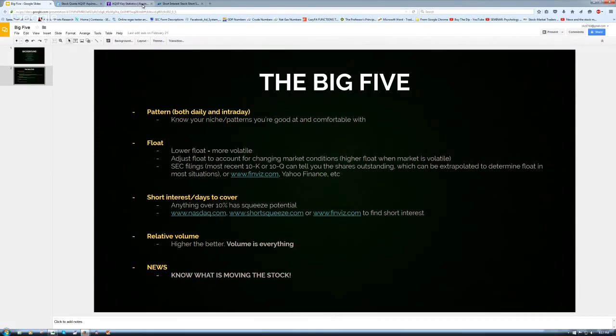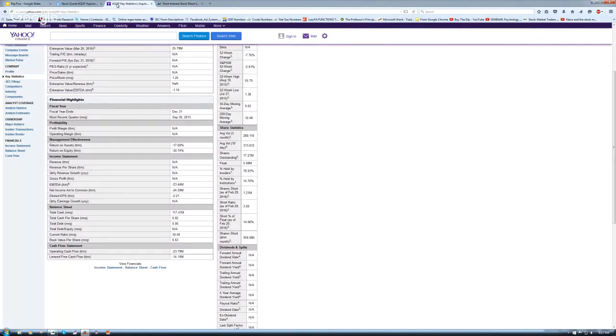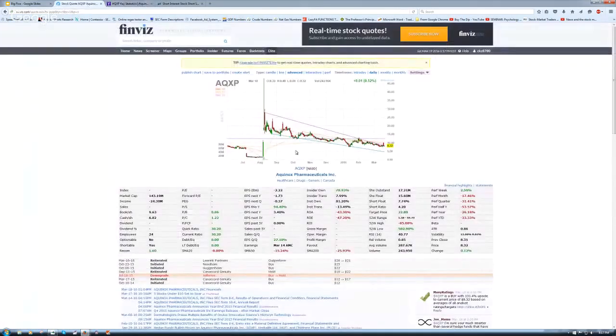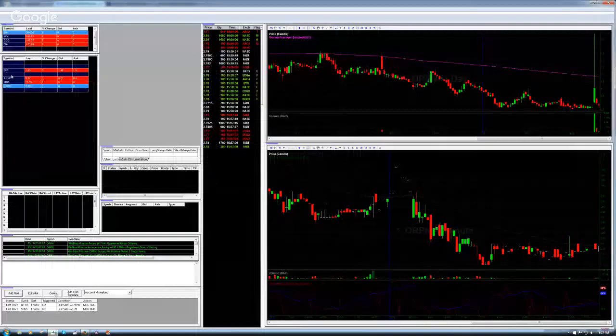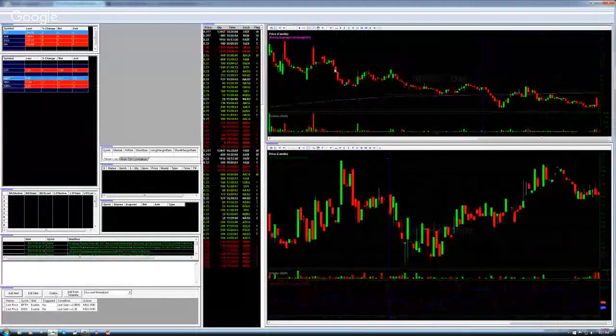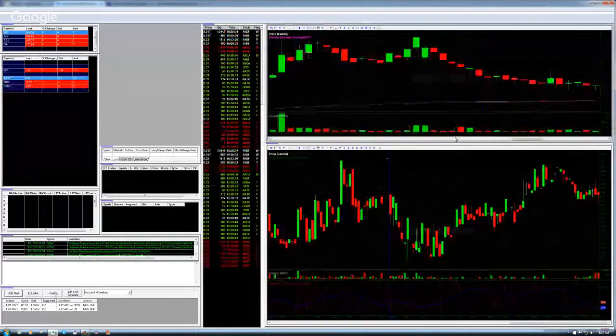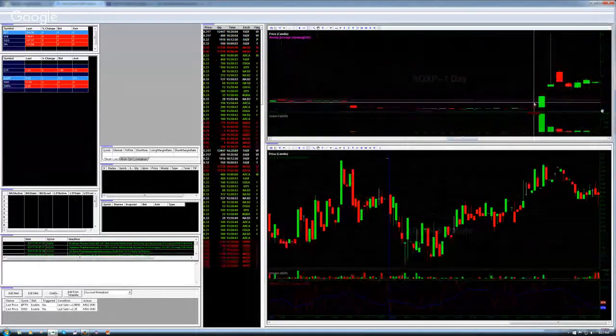If you have a stock like AQXP that's only got 15 or 20 million shares in the float, or possibly even less, and 30% of those shares are currently held short, and then the stock gaps up on news by 40 or 50%, right?